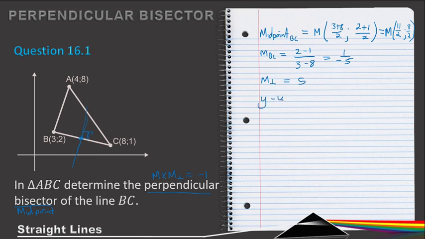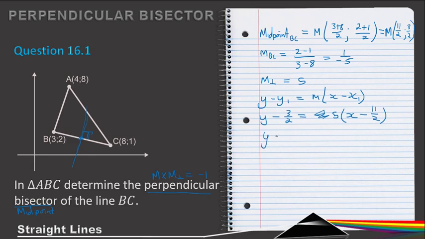So y minus y1 equals gradient times x minus x1. And substitute in my y value, which is 3 over 2, and the gradient, which is 5, times x minus that x value, 11 over 2.